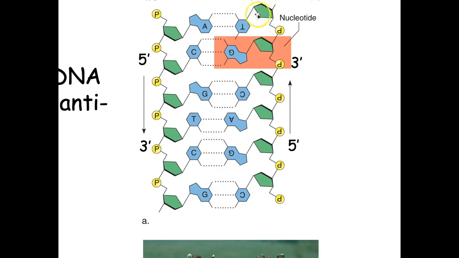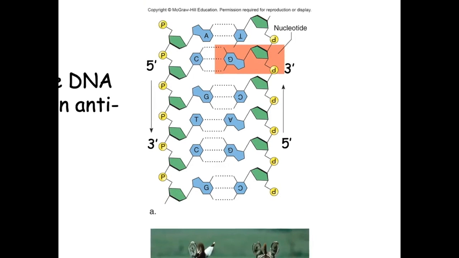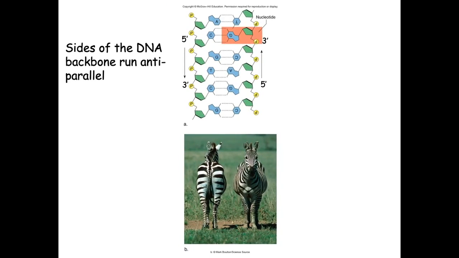Now, if we flip our pentose sugar upside down, then our 5 prime is instead here. It comes second, as you could think of it as we're reading this strand, whereas the 3 prime comes first. So this strand runs 3 prime to 5 prime, whereas this strand, because the 5 prime comes first, at this little bend in the elbow, runs 5 prime to 3 prime. I'm emphasizing that because it's really important.